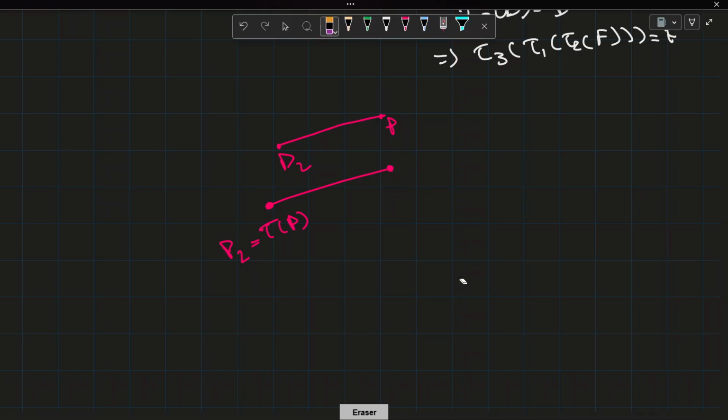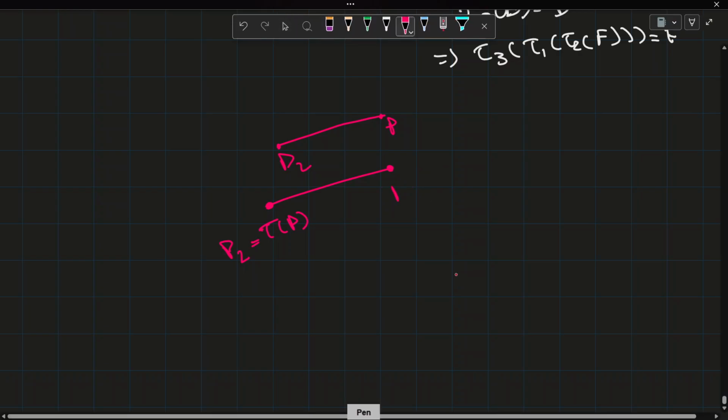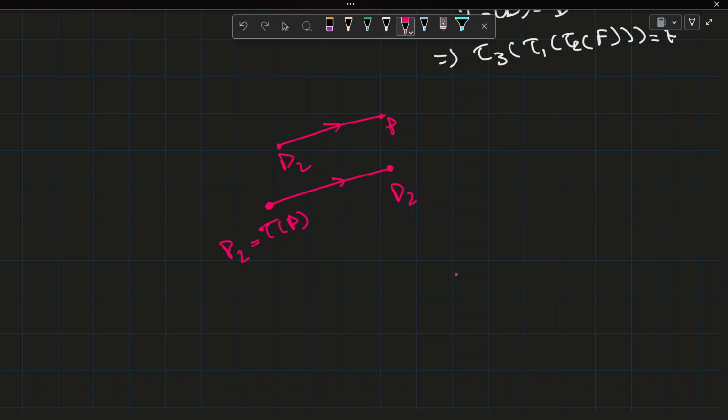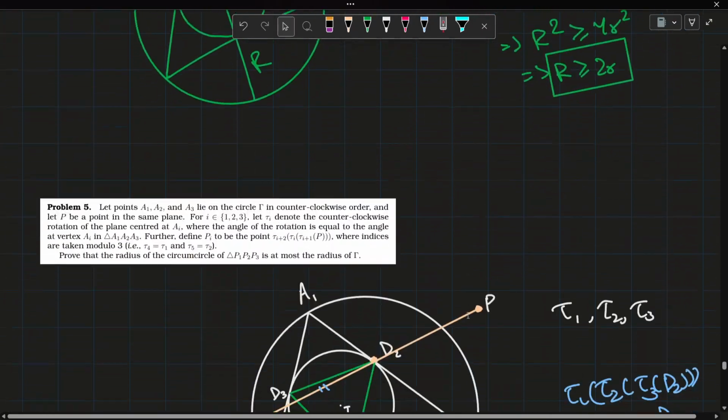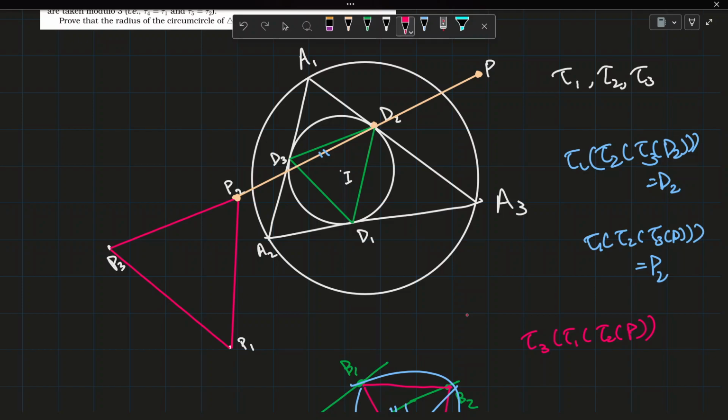So this is the point D2, and we also know that these two lines are parallel, which means that the point P2 lies somewhere here. So this is where point P2 lies by all the claims above. So point P2 lies on the line segment PD2.